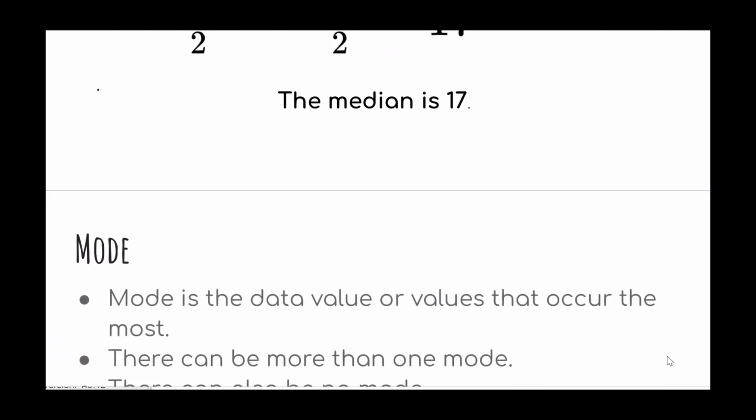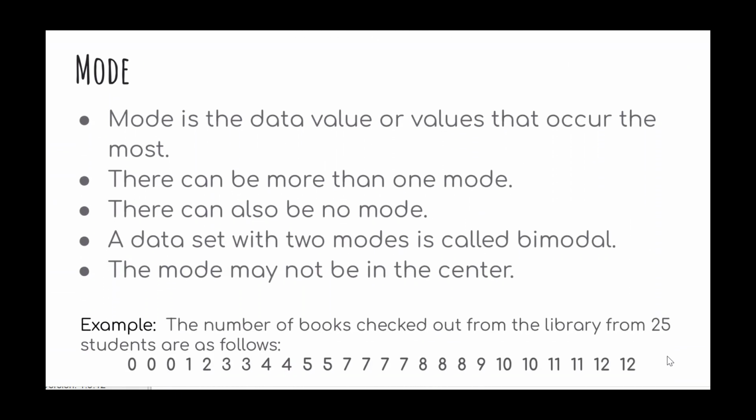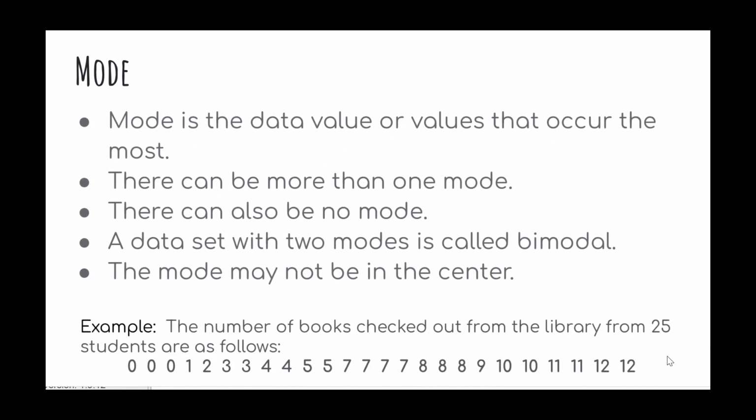So that is followed by the mode, which we said is the number that occurs the most. So here's some special things to note about mode. One is that you can have more than one mode.